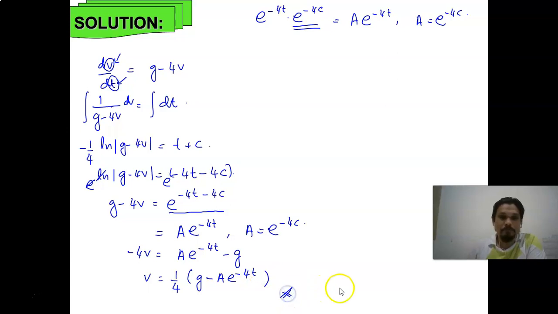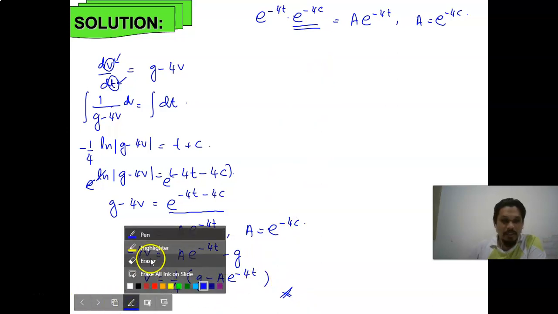There you go. Please refer to the question. The first question showed that v equal to g over 4 times 1 minus e power of negative 4t, which I think that we leave it something like this. No, this is not the final answer.